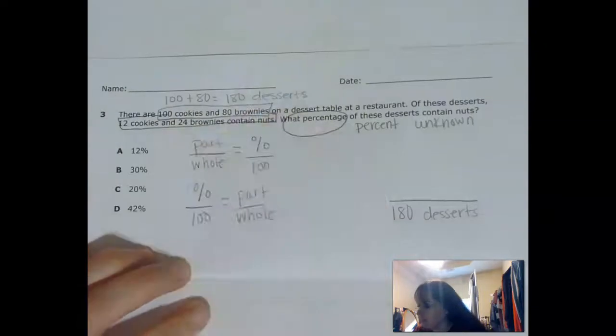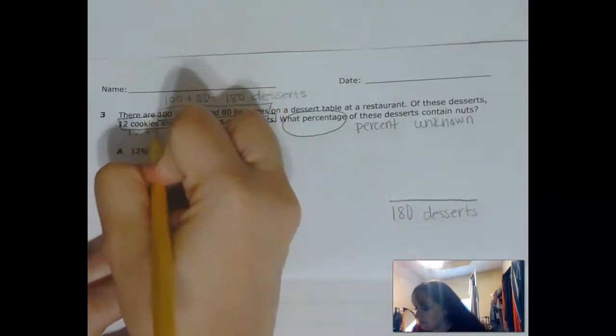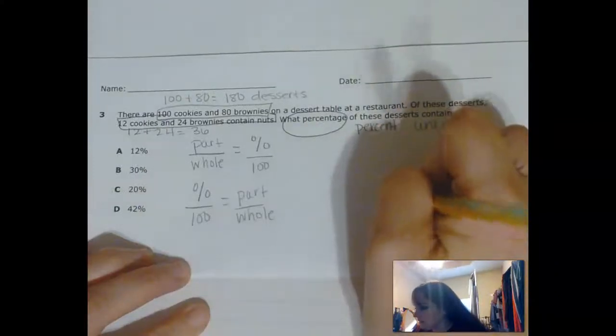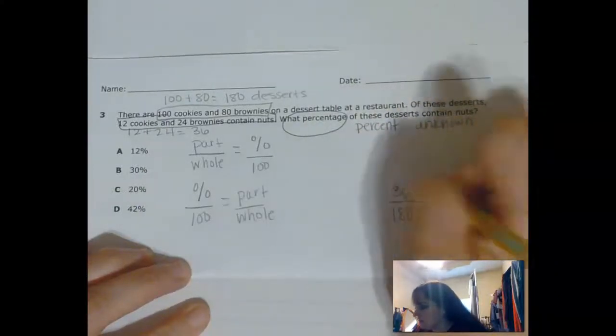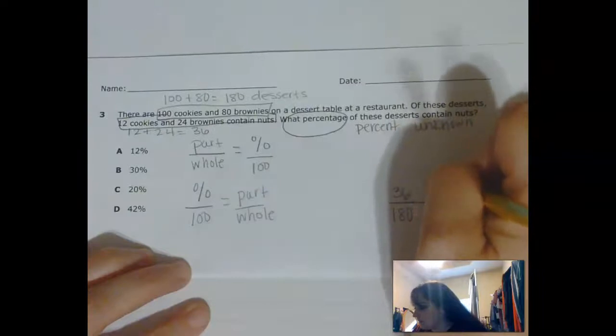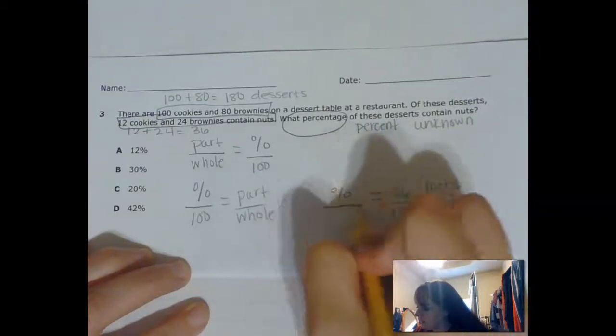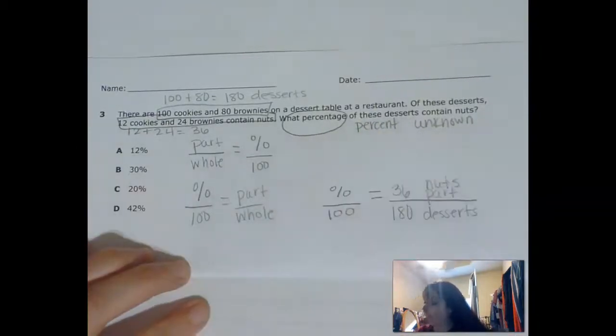That's my part. 12 plus 24 equals 36. So 36 of them is the part. I'm looking for my percent over 100.